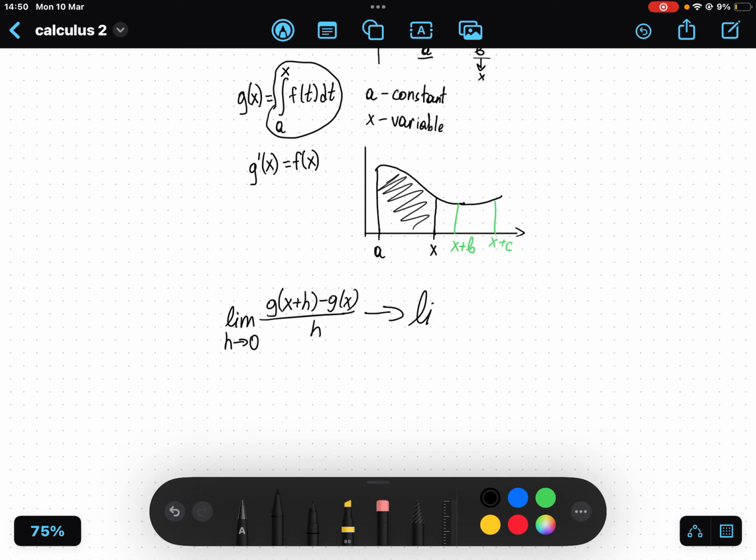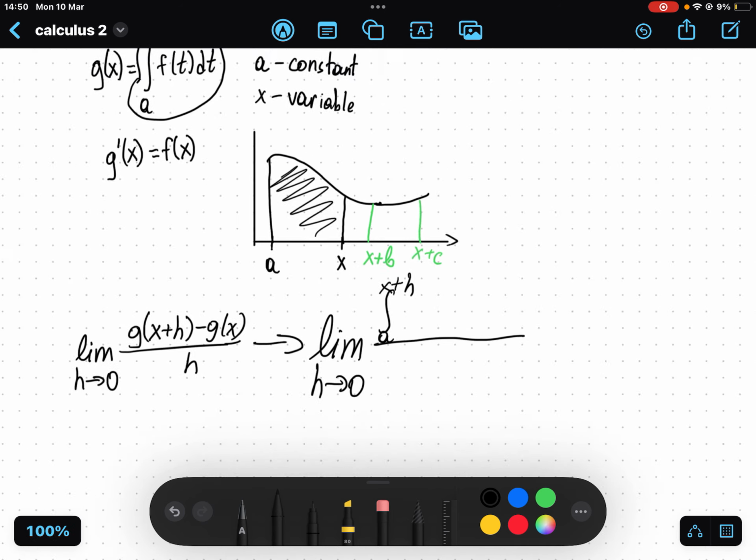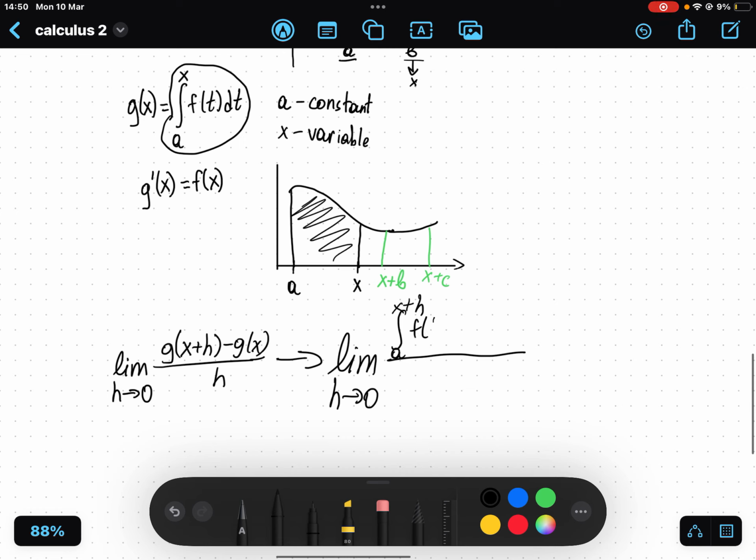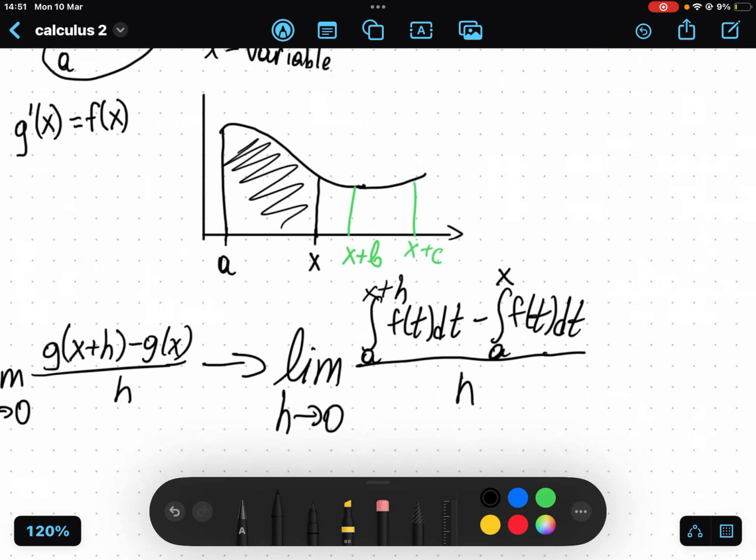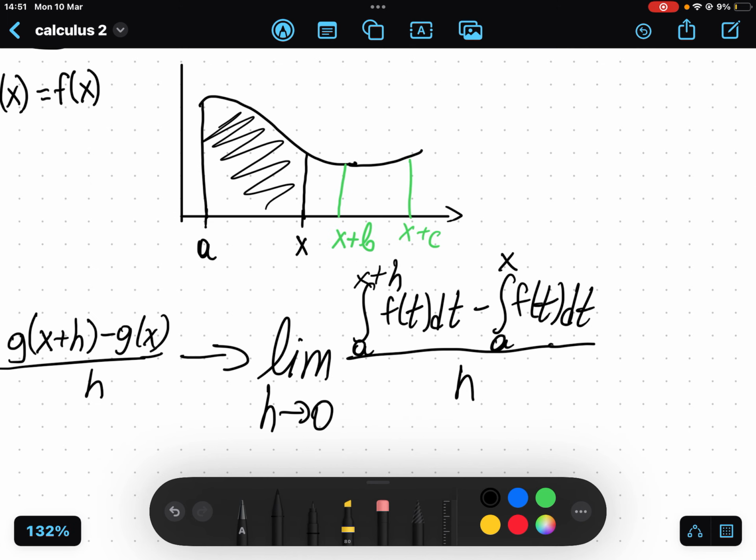So the limit as h goes to 0, g of x plus h is actually the integral from a till x plus h of f of t dt, minus the integral from a till x of f of t dt, over h, right? So now, we have this part.